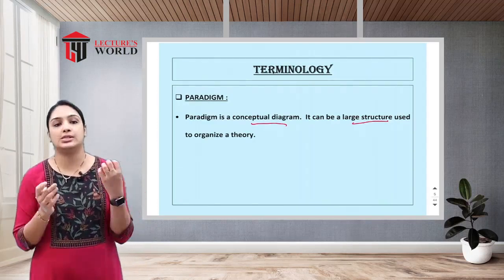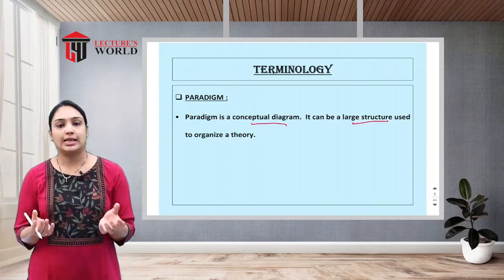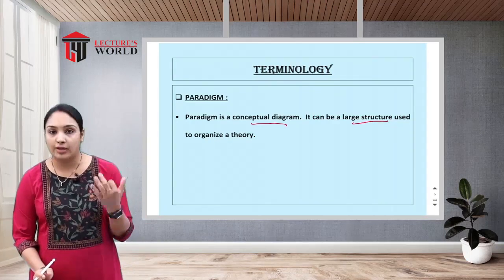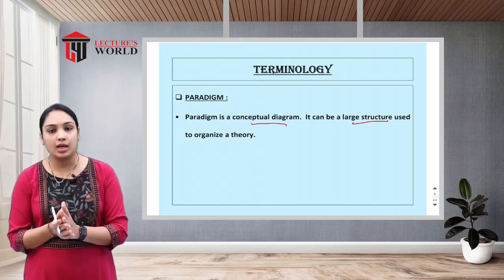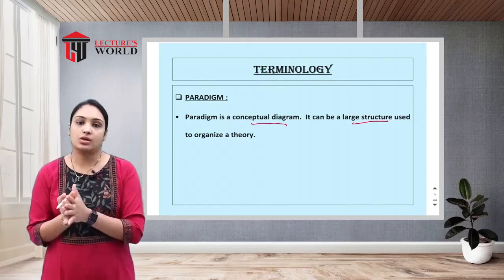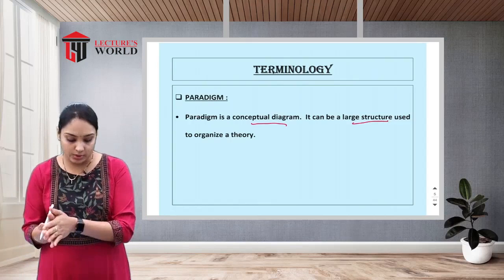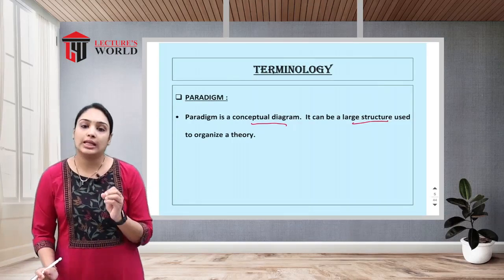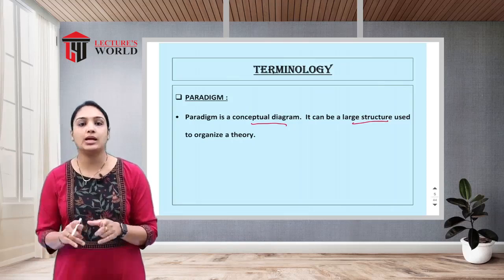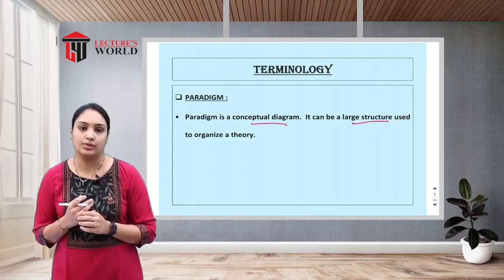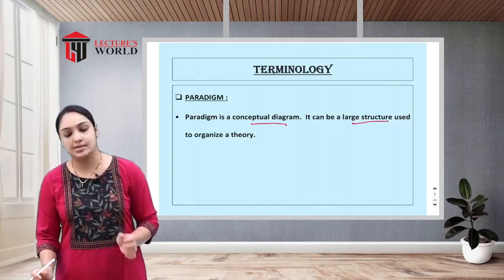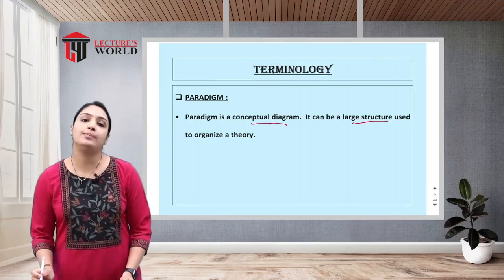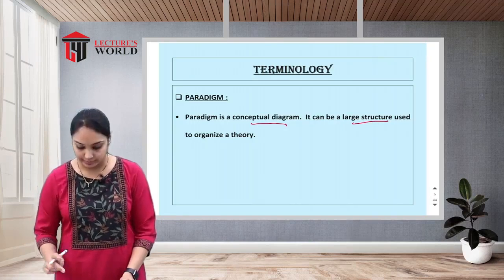We use concepts and definitions, and all ideas and thoughts are known as concepts. Whatever concepts we have in theory development, we put all those concepts in a diagram. So the conceptual diagram is known as the paradigm, which helps to organize the theory.